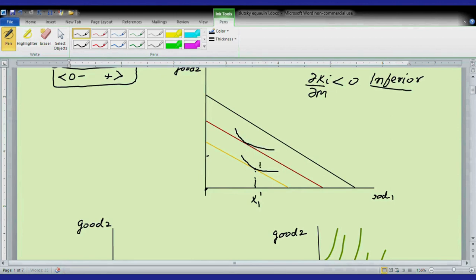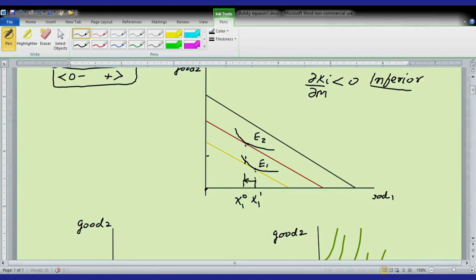So moving from E1 to E2, what happens is that the consumption of good 1 decreases from, say, x11 to x10, and this is like saying that change in income and change in consumption of good 1 are moving in opposite directions.